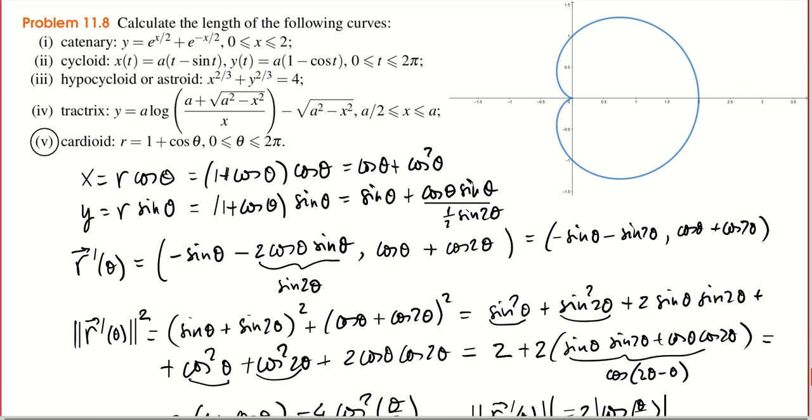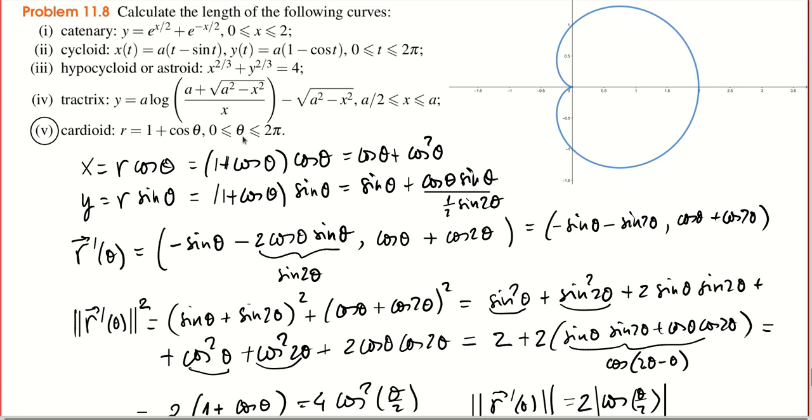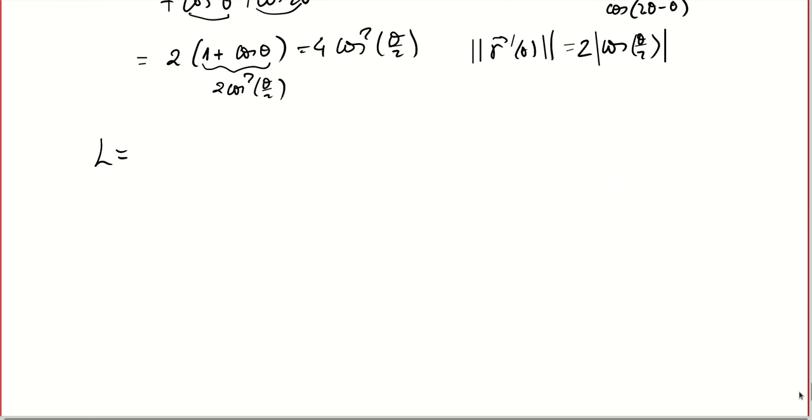We integrate between 0 and 2 pi, because the parameterization is from 0 to 2 pi. So it's the integral of, well, this constant 2, the integral from 0 to 2 pi of the absolute value of cosine theta half, d theta.